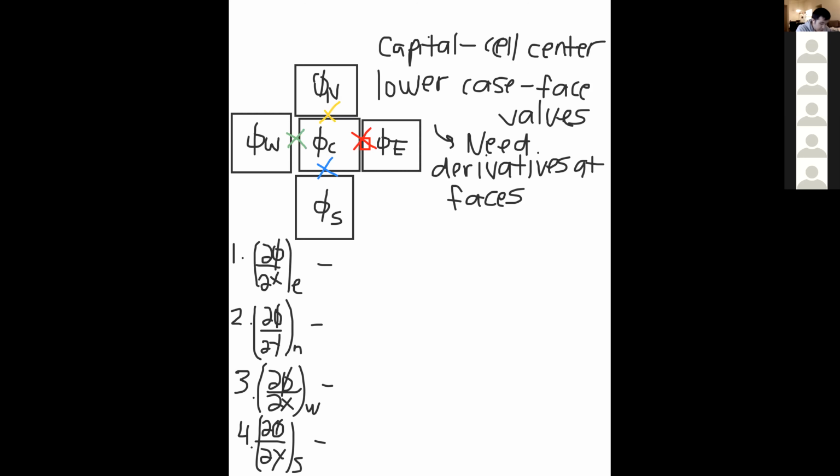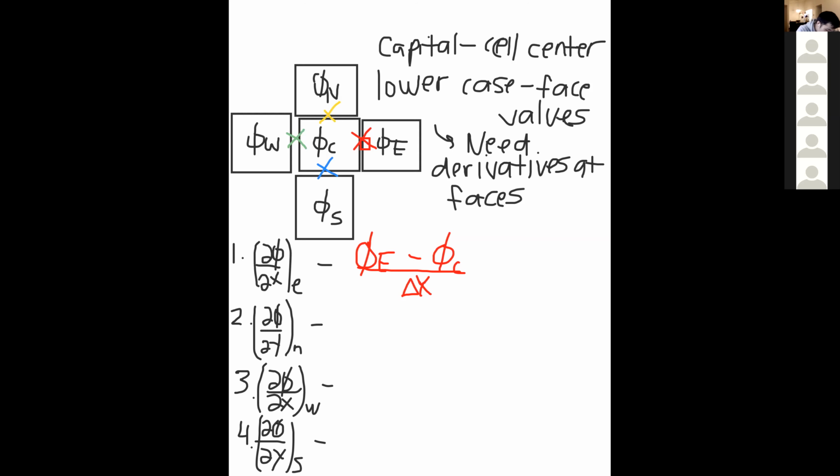Okay, so let's start with the east face. On the east face, we need d phi dx. And remember what we did for the one-dimensional case was we used a center difference scheme, or a finite difference scheme, to approximate this. So the way that we're going to express d phi dx on the east face is phi capital E minus phi capital C all divided by delta x.